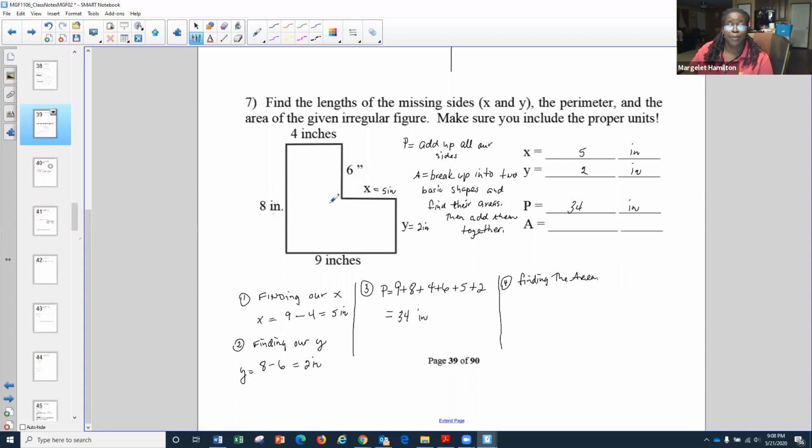What I'm going to do is I'm going to take and draw like an imaginary dotted line right down this edge here and break this up into two parts. I'm going to call this A1 and this is A2. So area 1 and area 2.